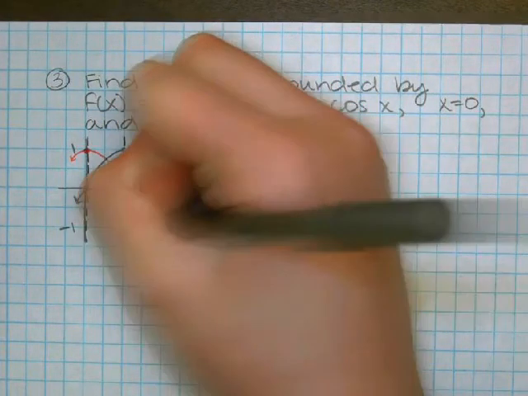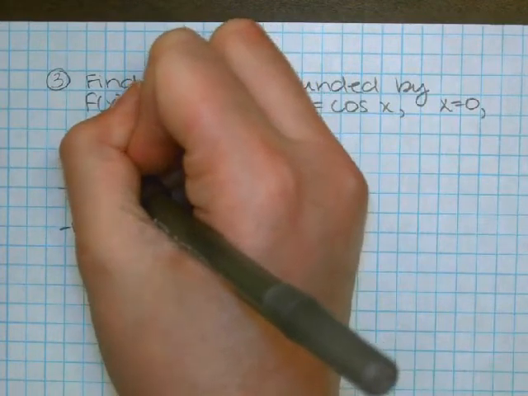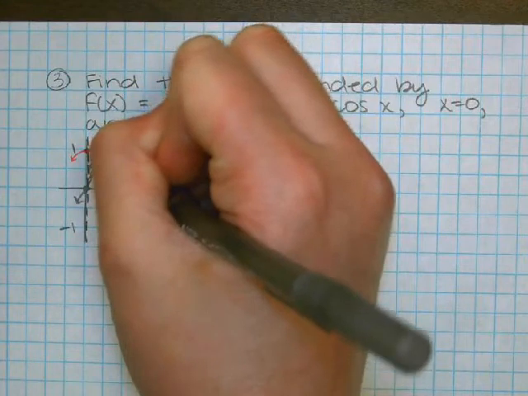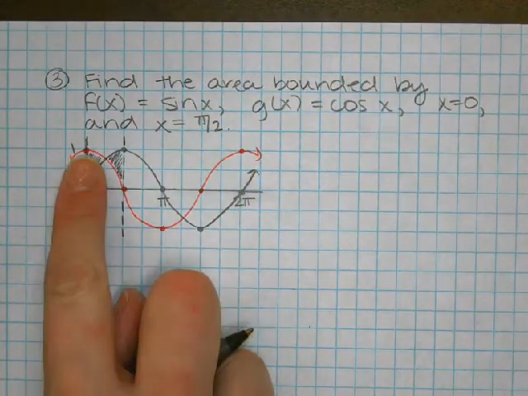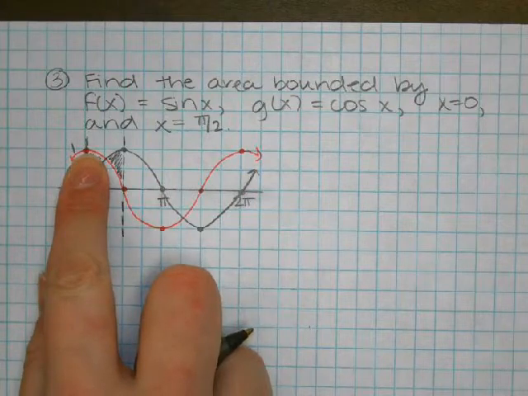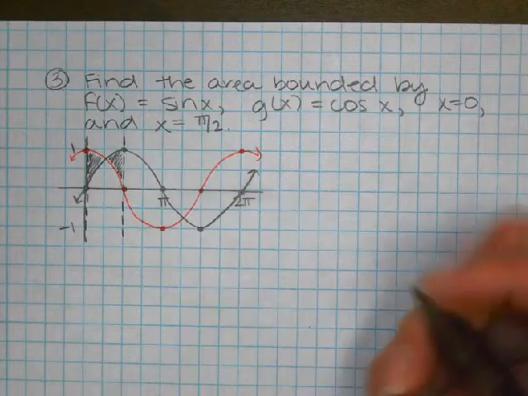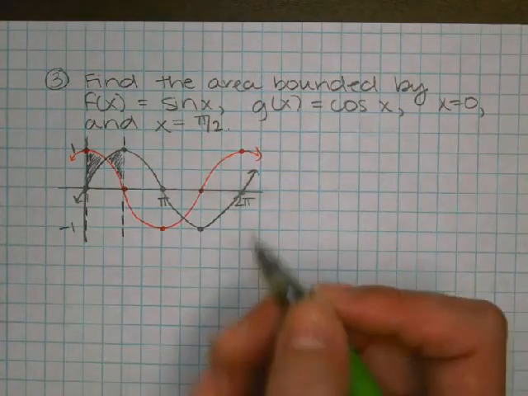So they want the area between the curves, which means they want this area right here and this area right here. And you can see that for the first little area, the red curve is on top, which was cos. And then in the second area, the pencil curve is on top, which is sine. So we are going to have 2 intervals to represent this problem.